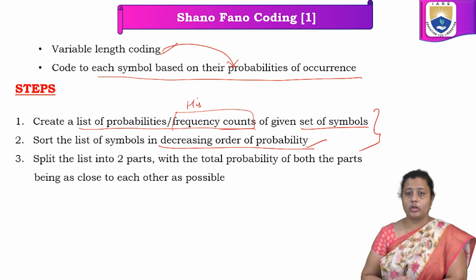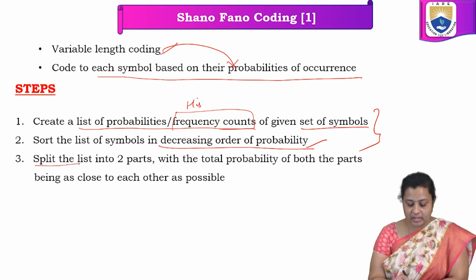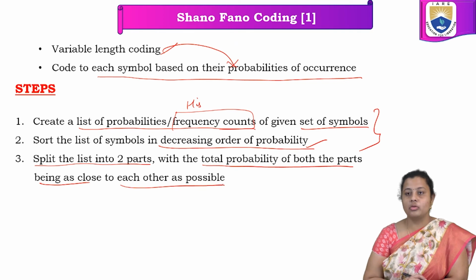Later on, what are we going to do? In Shannon-Fano coding, we split the list into two parts. How are we going to split into two parts? The total probabilities of both parts should be close to each other.